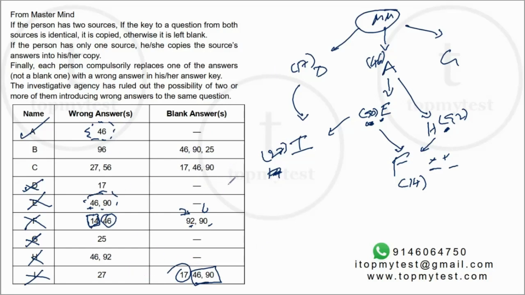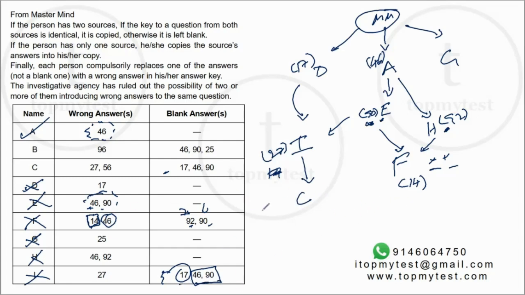Now, if you compare C's blank answers with I's blank answers, both of them have the same blanks, 17, 46, 90. Both of them have one wrong answer in common, which is 27. And C has basically introduced one wrong answer. So if C takes from I, he would have these three blank.